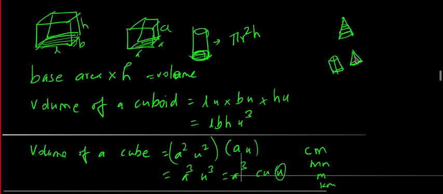So in that case, if we take a cone like this, and pour some water into the cylinder, it will occupy 1/3 of the cylinder. So the volume of a cone is equal to 1/3 of the volume of the cylinder.